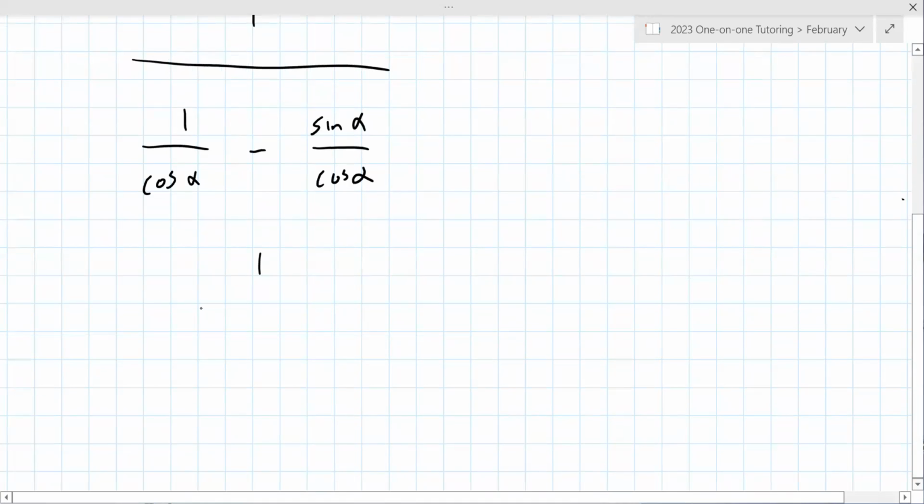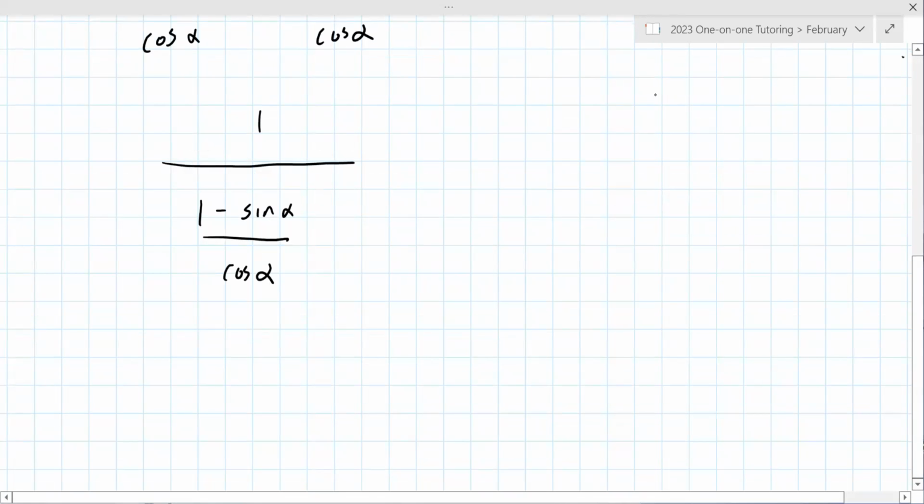Okay, so go 1 over 1 minus sine alpha over cosine alpha. Now the analogous problem here is 1 over a over b becomes b over a. So this becomes cosine alpha over 1 minus sine alpha.